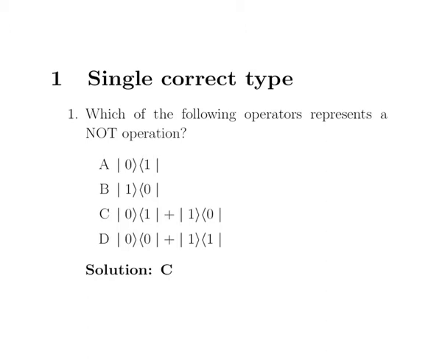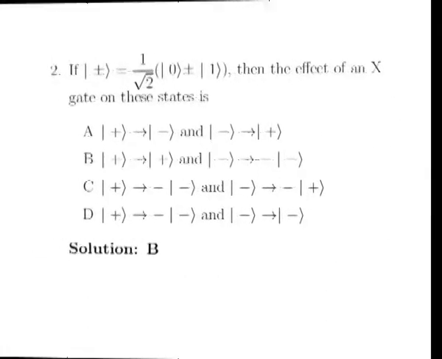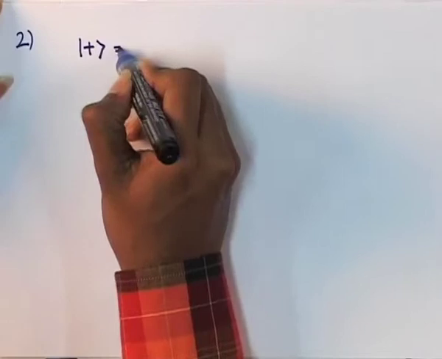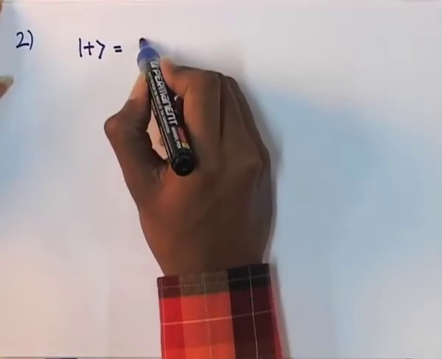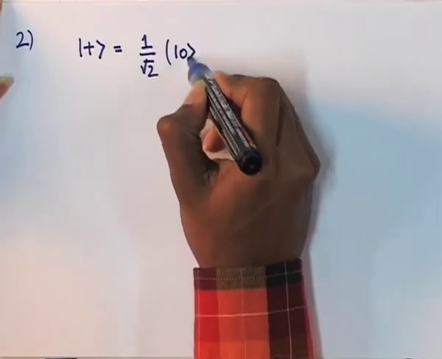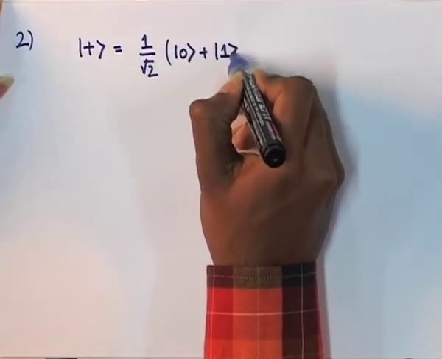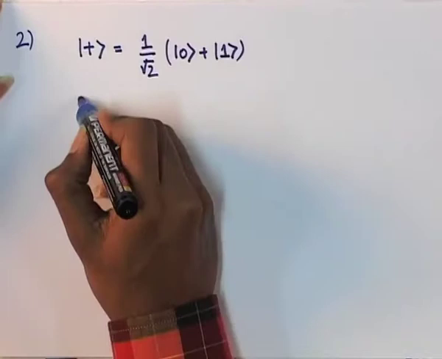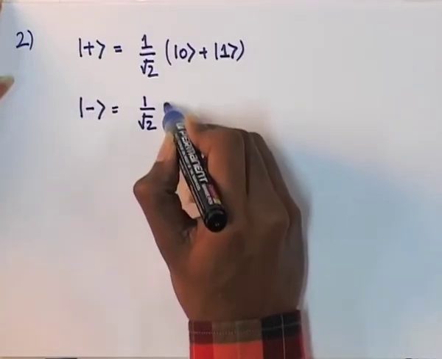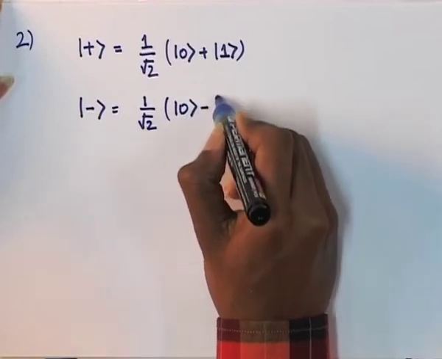Now we look at question 2. We are provided with two states, qubit plus is 1 by square root 2 (1, 1) and qubit minus is 1 by root 2 (1, minus 1).